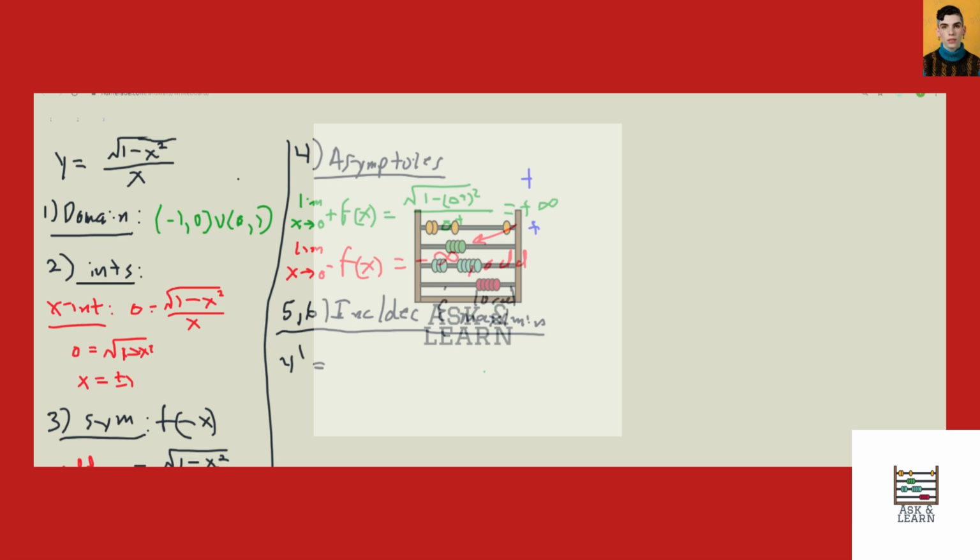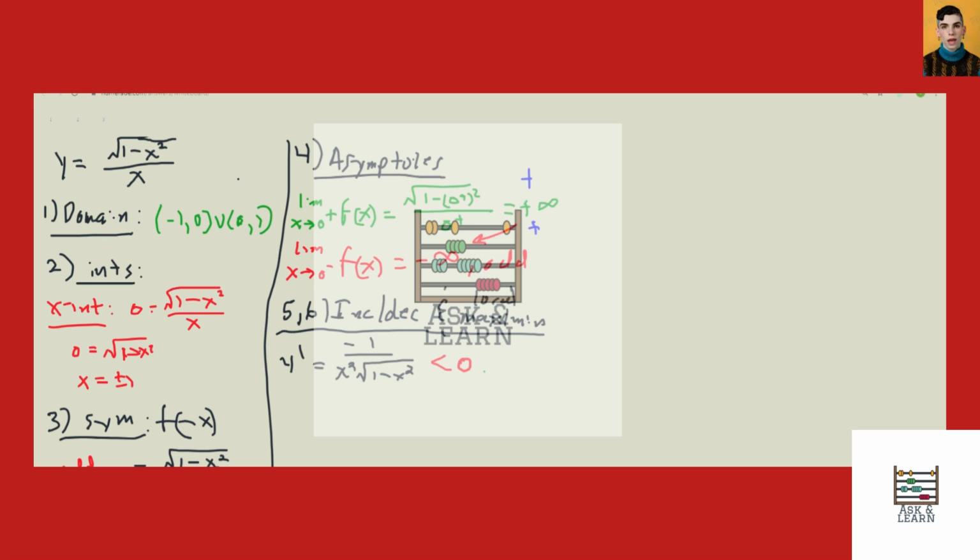So let's go ahead and just write y prime down. Again, that should be negative 1 over x squared times the square root of 1 minus x squared. Actually looking at this, you might notice this is going to be strictly less than 0, since x squared is always going to be bigger than or equal to 0, and the square root of 1 minus x squared also has to be larger than or equal to 0. And since we have that negative in the numerator, it will always be negative.